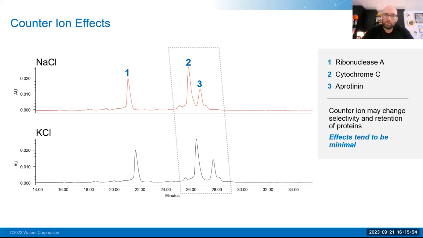Now, again, this is a minimal effect, and some of these come from solvophobic effects, their preference to interact with the ion exchanger as opposed to staying in the mobile phase itself. So there are some complex characteristics of these counter ions that can affect your separations. And if you're performing some very complex separations of a variety of different proteins, it may be worthwhile to look into how these different salts can affect your separations.